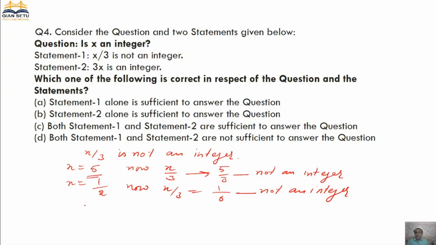Now let's see, according to statement 2, 3x is an integer, right? That means when we multiply any number by 3, and if it is an integer, then is x an integer? Now suppose x is equal to 1 by 3, then 3x is equal to 1, which is an integer, right?